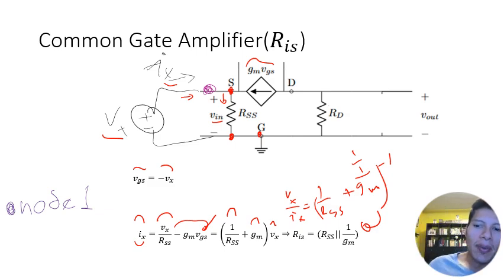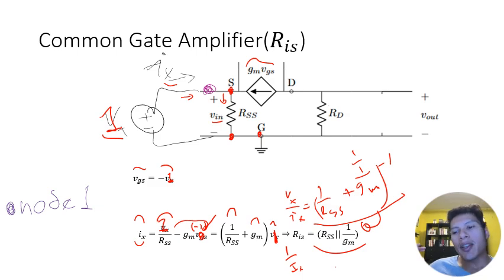So remember in 2K1, you were told to just put a 1 volt test source. Well, that would make this into a 1. That would make this into a 1. This would become a negative 1. So this would be actually a 1. And then you would compute 1 over Ix, which would give you the exact same thing.